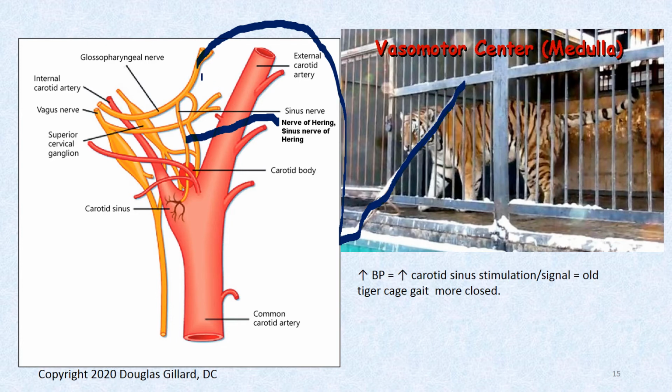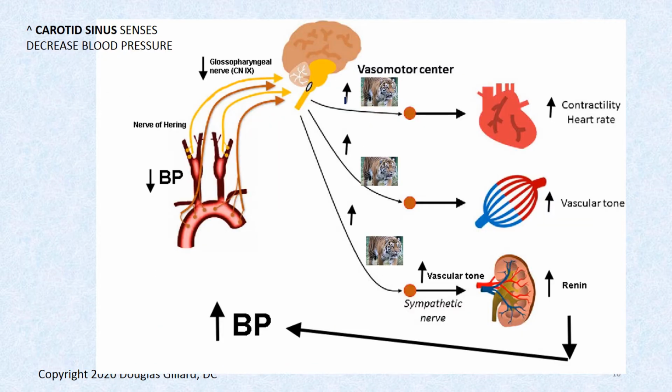If you get a drop in blood pressure, you also get a decrease of action potentials flowing down this nerve of Hering and cranial nerve 9, and therefore the stick starts to open and the tiger cage gets loose. Remember that from physiology? Here's the scenario again: decreased blood pressure, so you have decreased firing in the nerve of Hering and the cranial nerve 9, glossopharyngeal nerve. That opens the tiger cage gate, so here's the tiger on the loose.